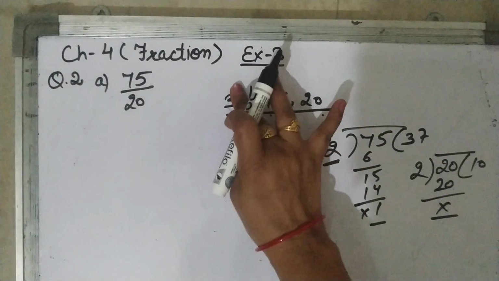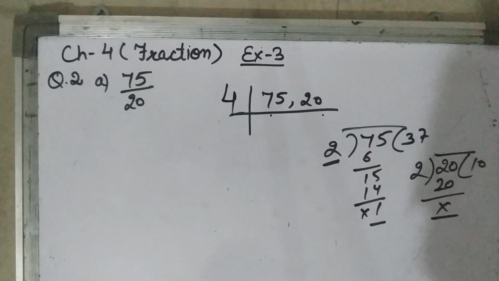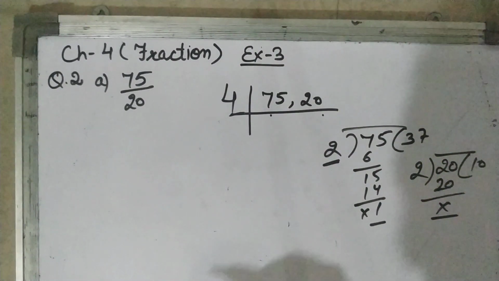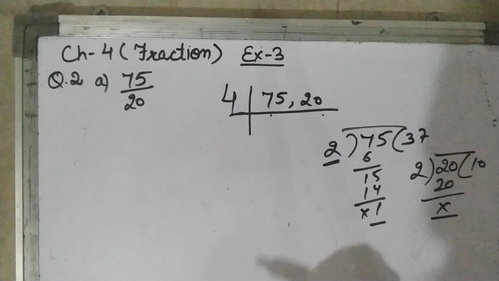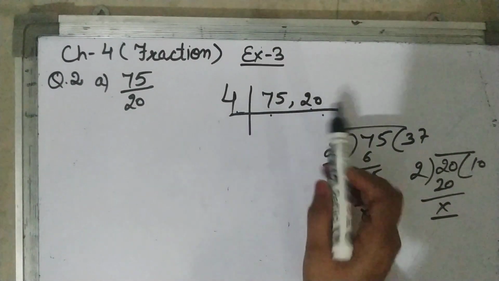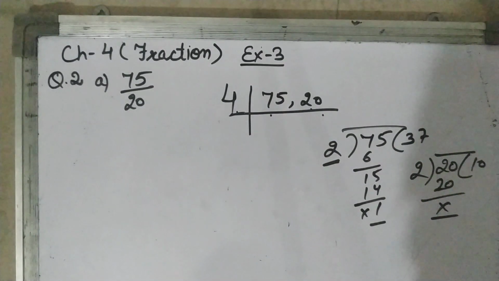So no need to take 3 here. After 3, if I am taking 4, 4 is a factor of 20 but not a factor of 75. I hope you all understand how I get that, because when we divide 20 by 4 it is exactly divided, but when we divide 75 by 4 it is not divided exactly.